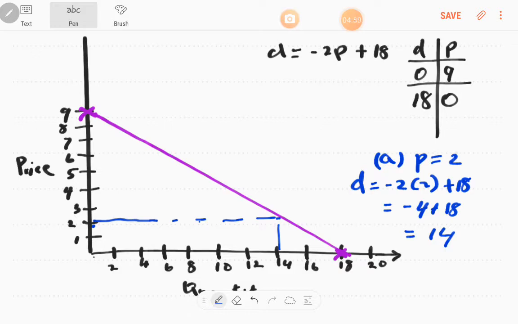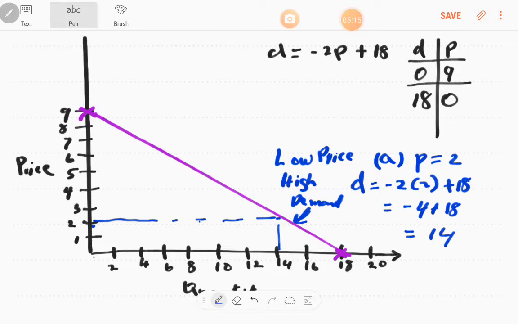So here, when we have a price of 2, a fairly low price, we have a high demand. Okay, so when the price is low, we have a high demand.